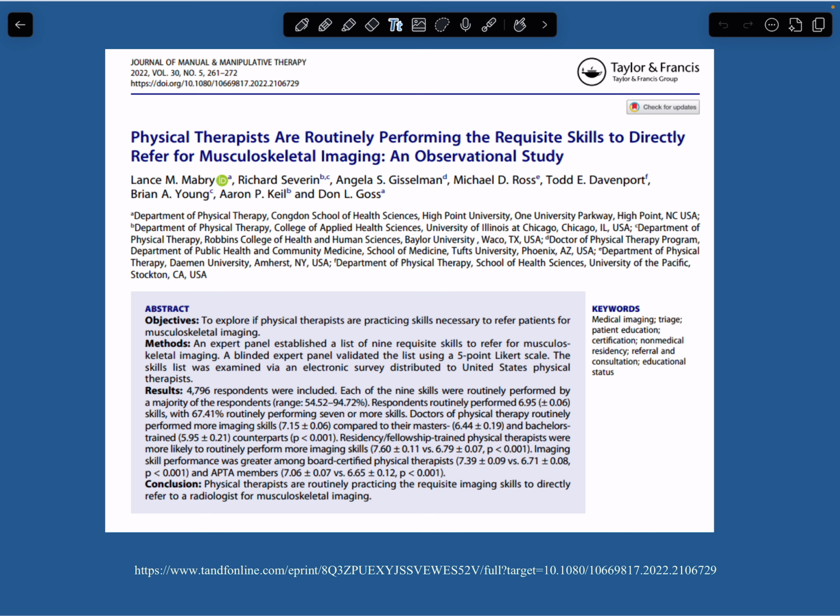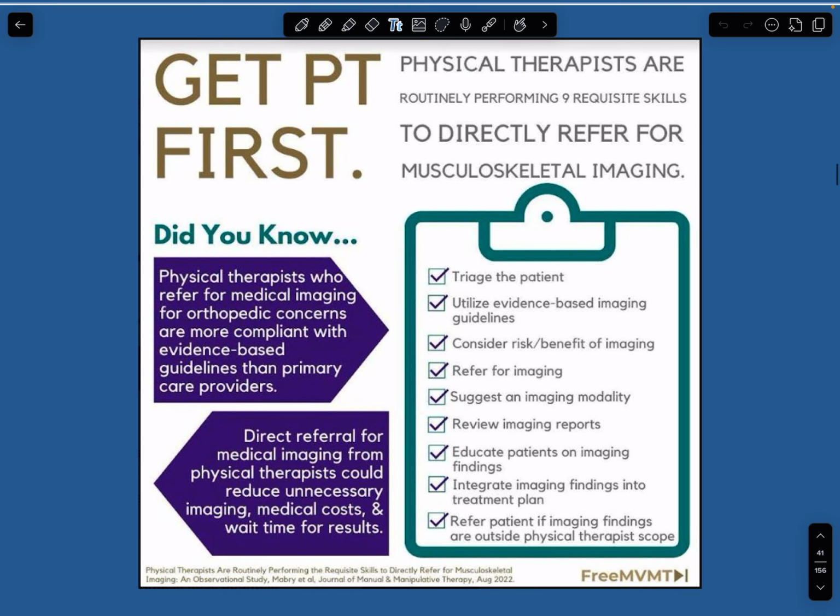What we wanted to know was, because this is what you hear from the legislatures, number one, you're not trained to do diagnostic imaging, and number two, you're not doing any of the skills needed to actually know when patients need imaging. So we came up with these 10 skills that you should probably be doing to refer a patient for imaging.